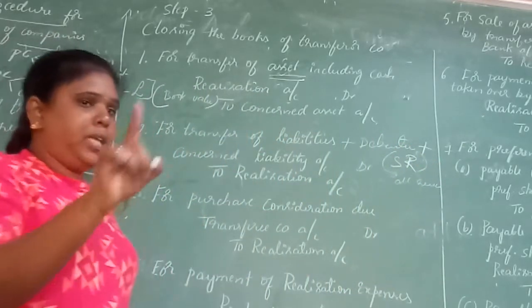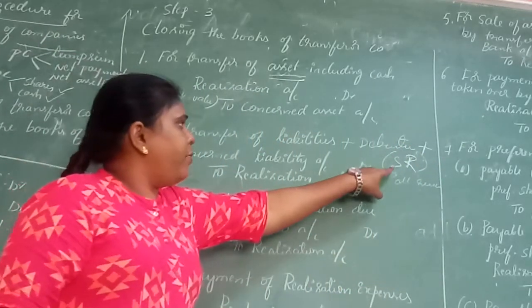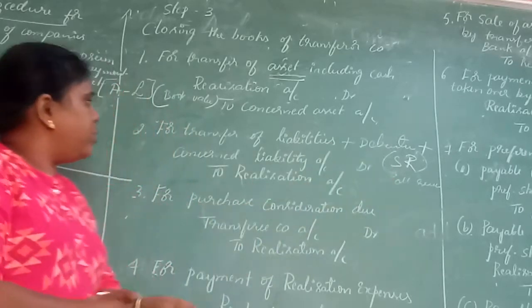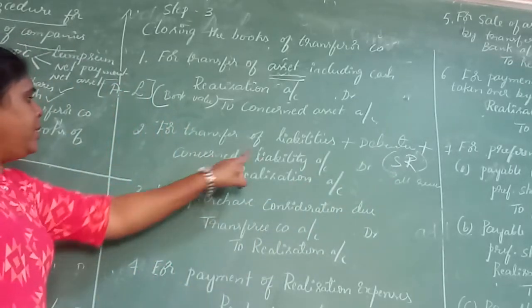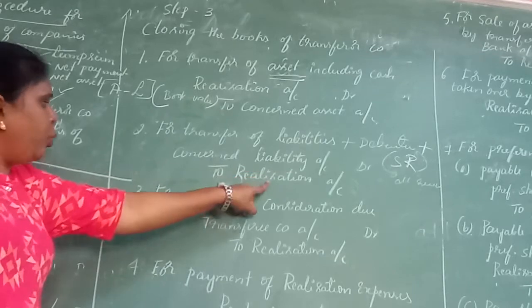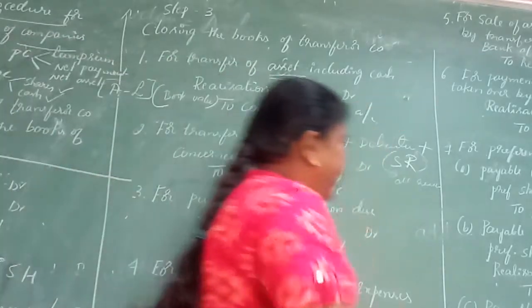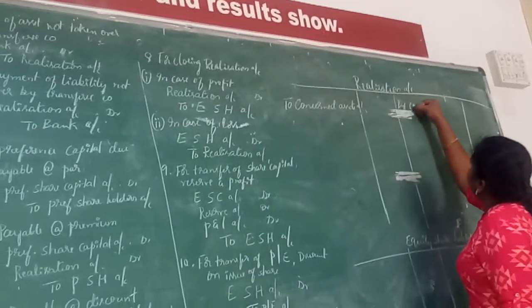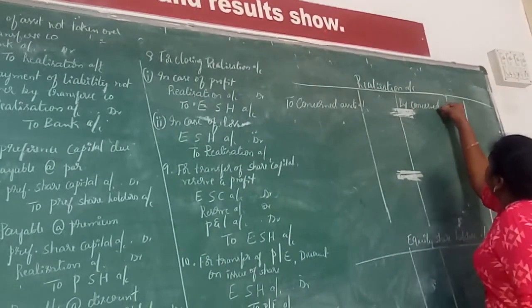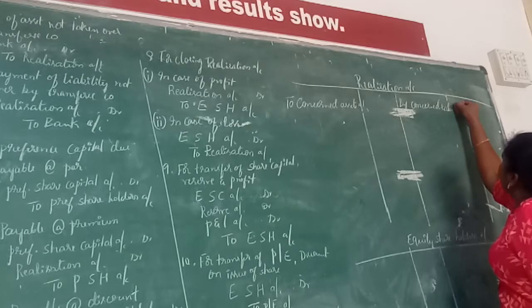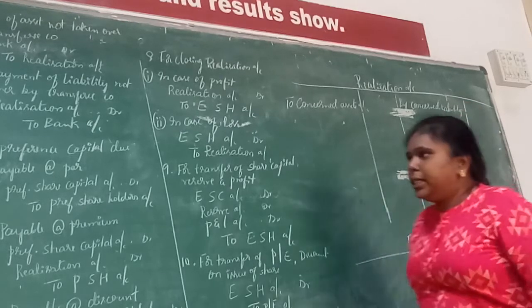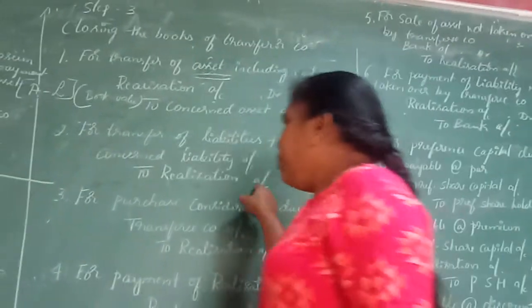If it is amalgamation in the nature of purchase, you have to transfer only statutory reserve. The journal entry is: concerned liability account debit to realization account. In the realization account you have to write by concerned liability account. So all assets and liabilities should be transferred at book values.